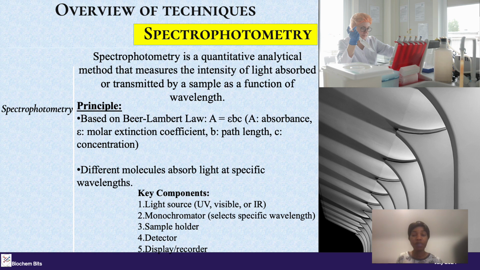Now, the basic principle is the Beer-Lambert's law, which says absorbance is directly proportional to the concentration of the absorbing species relative to the path length and also the wavelength.